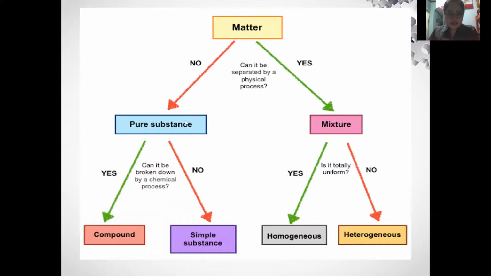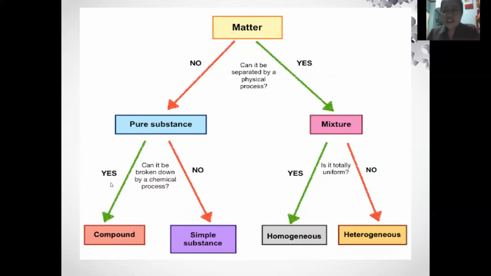So, ayan, this will be the summary for the classification of matter. So we have here, can it be separated by a physical process? So pag hindi, automatic that will be under the pure substance. Now, if a pure substance can be broken down by a chemical process, we call it compound.